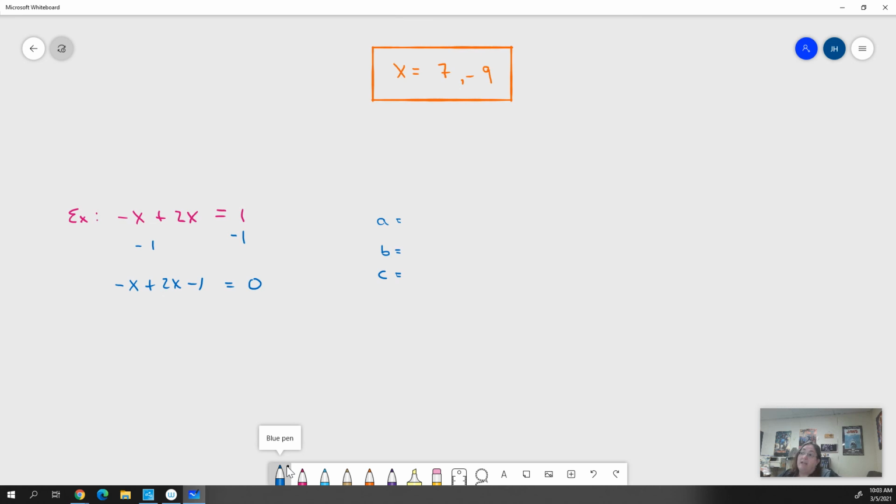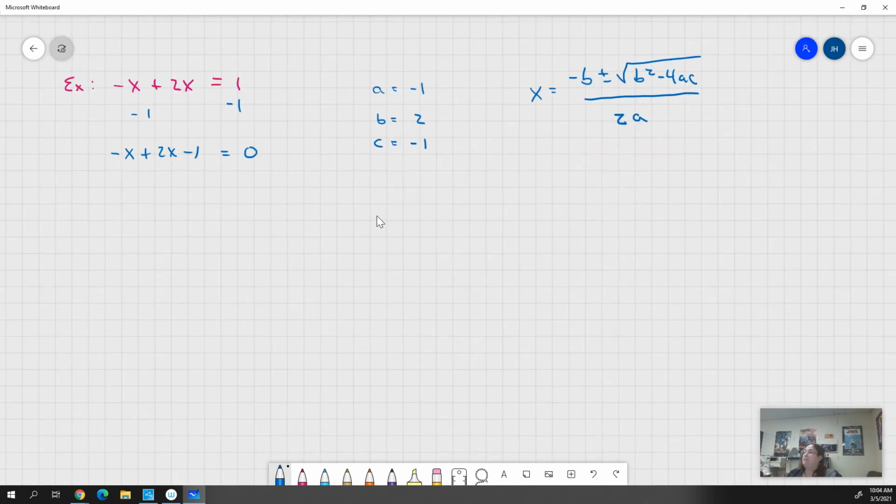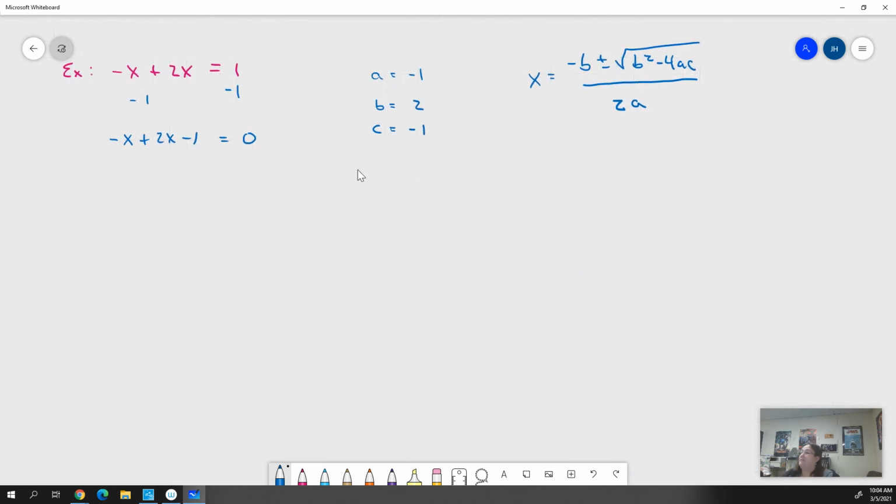Our A, we've got a negative in front of that x, and that just means negative 1. Our B is a 2, and our C is negative 1. So all we have to do now is plug it into x equals minus b plus or minus the square root of b squared minus 4ac, over 2a. I will write this for every problem because I want it to kind of start to sit with you. And now we're just going to plug in our a, b, and c.